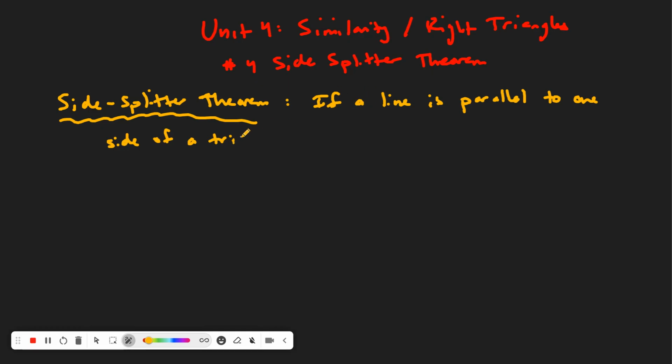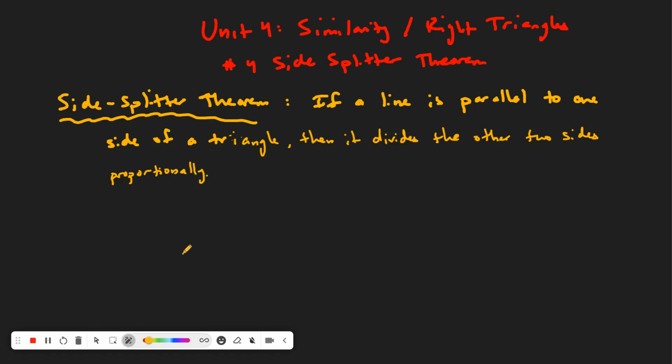So if a line is parallel to one side of a triangle, then it divides the other two sides proportionally. All right, very good.